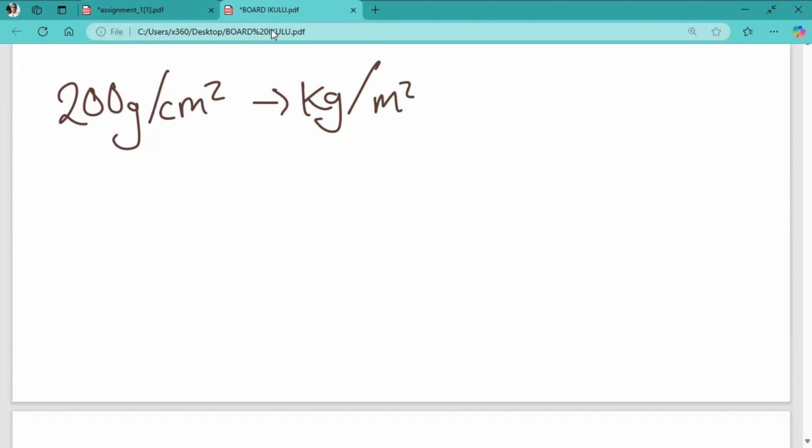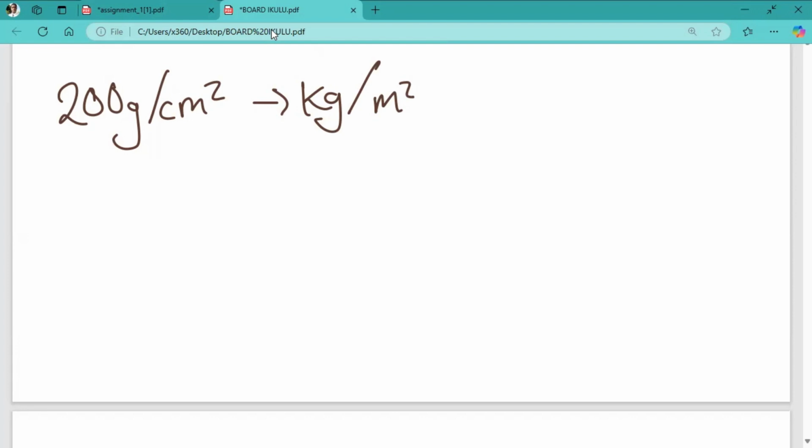What do we do? Remember, if you're dealing with squares or units that have powers, the only thing you're supposed to do is introduce the same power to your conversion factor, in each case making sure you introduce the square to the conversion factor that has that same power, not everything else.